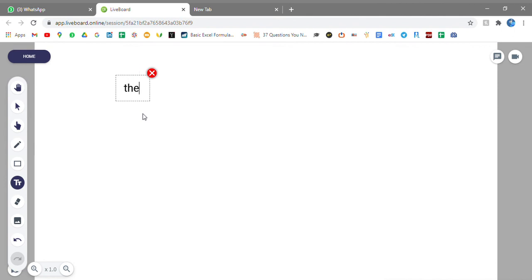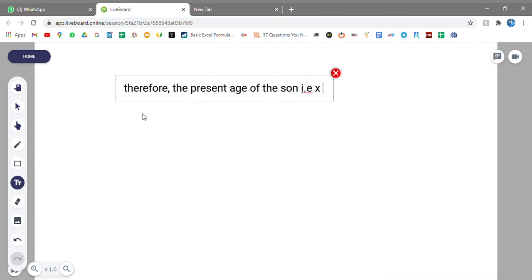Therefore, the present age of the son, that is x years, is equal to 10 years.